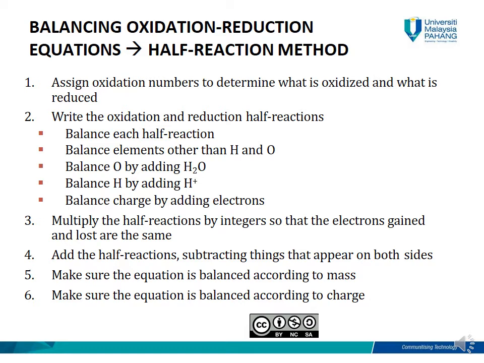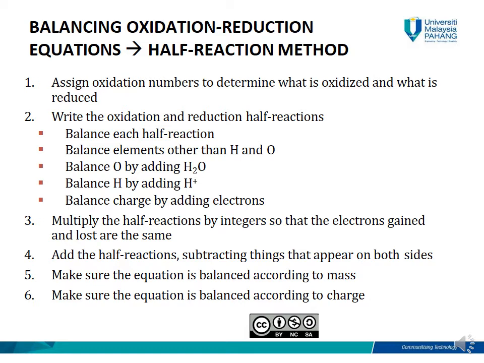Now we go for the second step: write the oxidation and reduction half reactions. When you write the half reactions, there are always electrons involved in each of them, so you need to be careful and balance each half reaction.